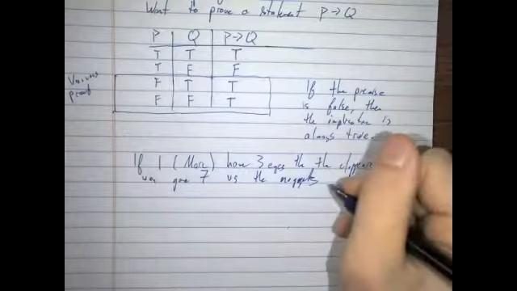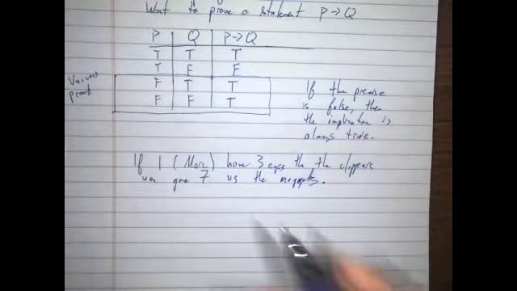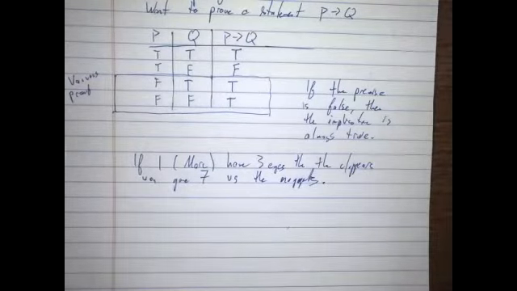Can anyone comment about whether or not this proposition is true or false? It's true. Right, this whole thing is true because the premise is false. I can guarantee to y'all that I have 2 eyes and not 3. So anytime that you set up a P implies Q where the premise is false, the whole thing is true.